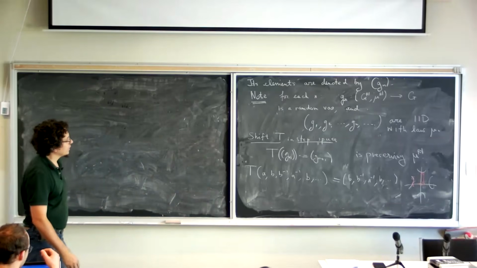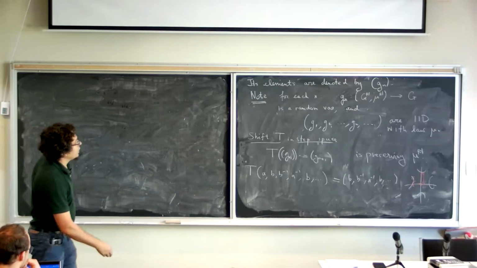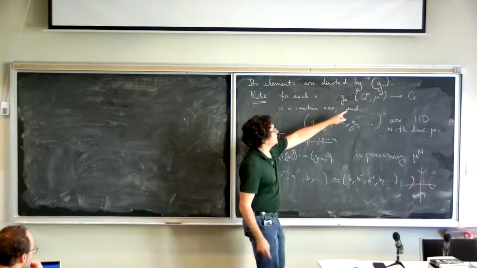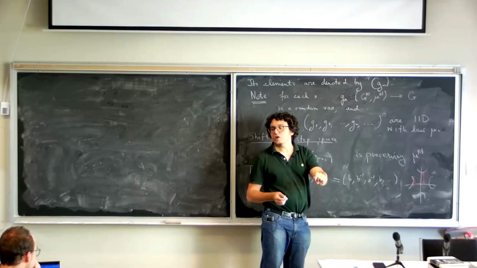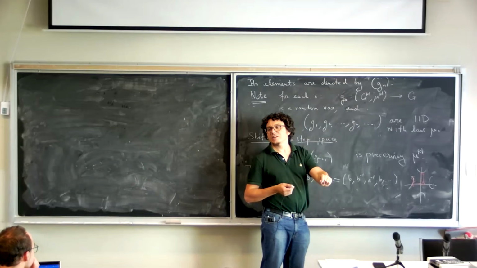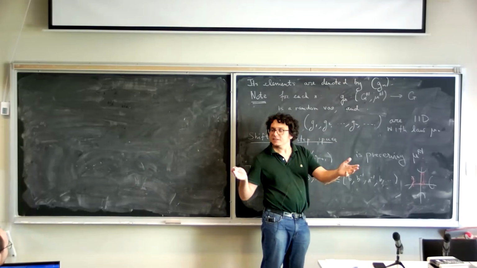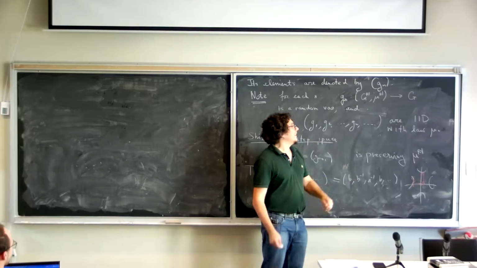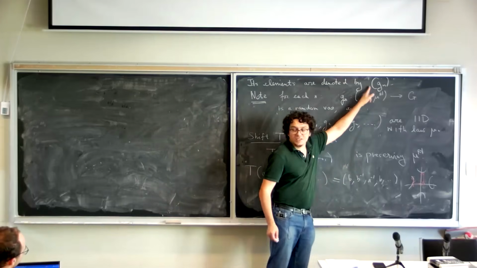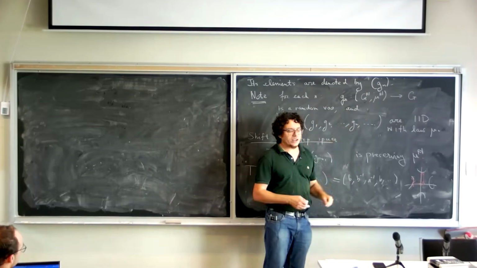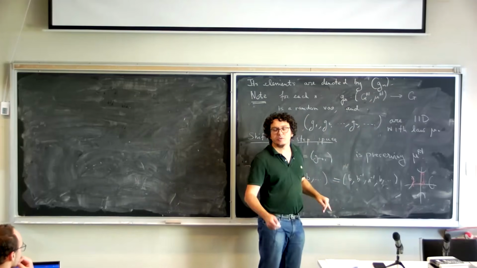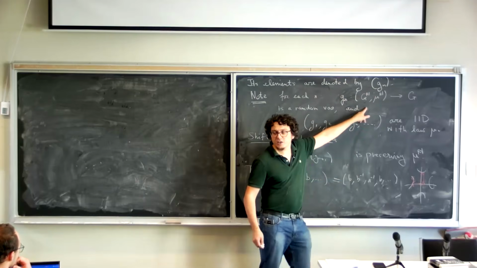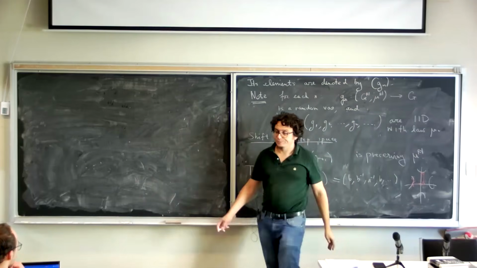I have an infinite sequence, and I can take the nth entry of this infinite sequence. You can think of this as a probability space, and the nth increment would be a function from the space of infinite increments to the group.